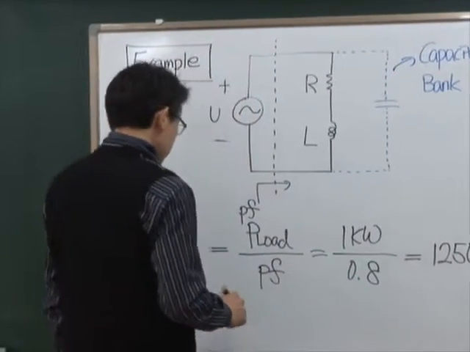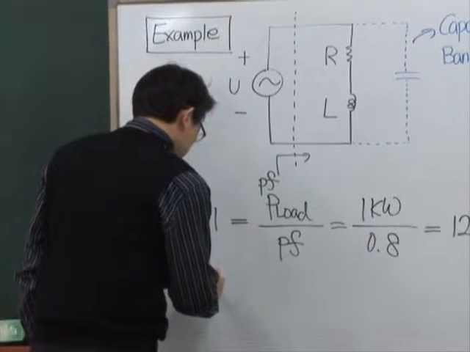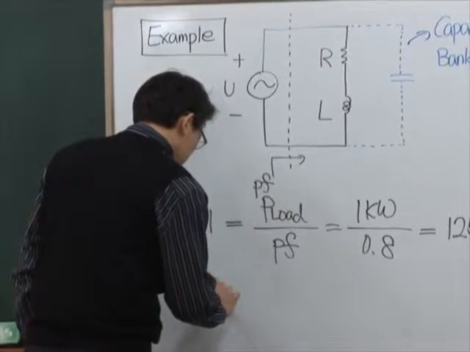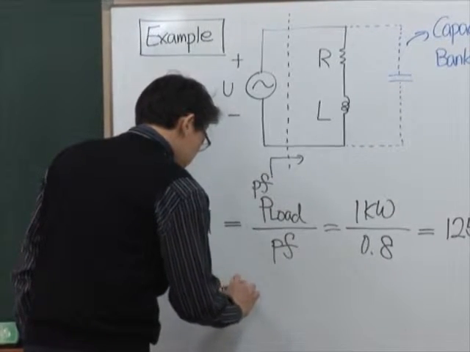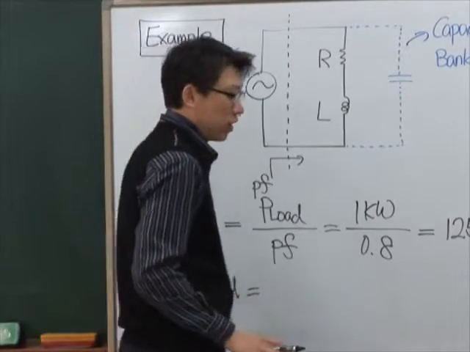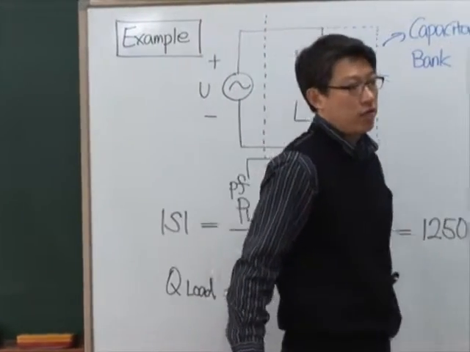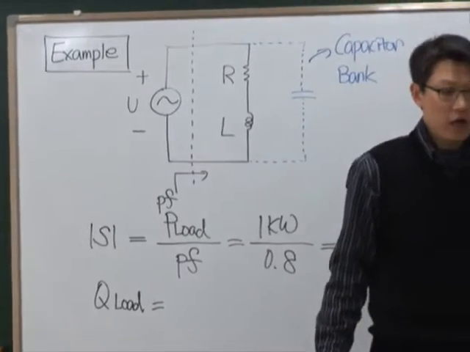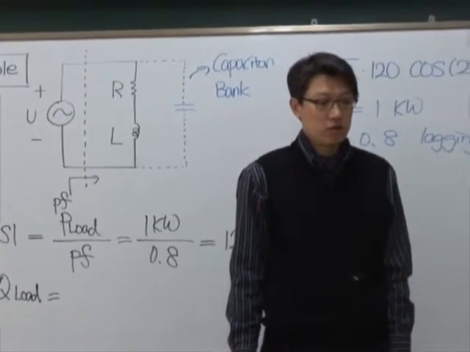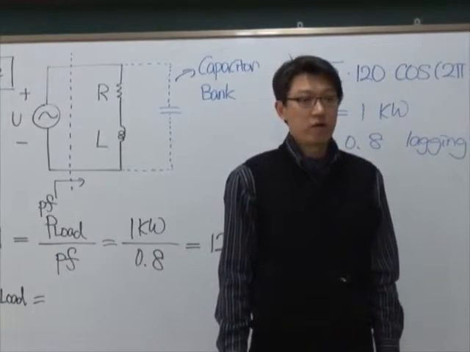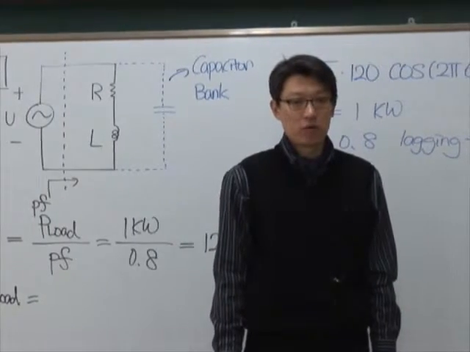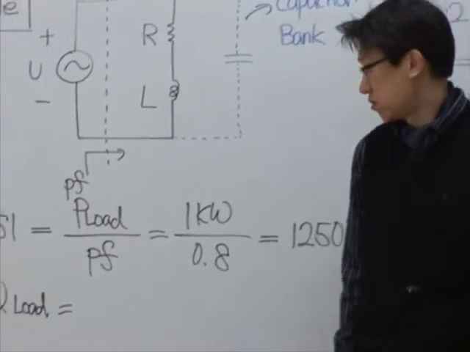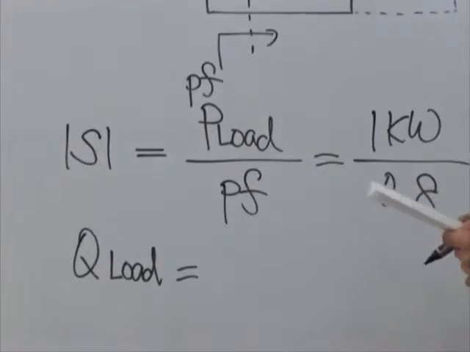Now we are in a good position to calculate Q load. What is Q load? The average of instantaneous reactive power. Okay? We take the average of instantaneous reactive power, the imaginary part. And that is called Q load.